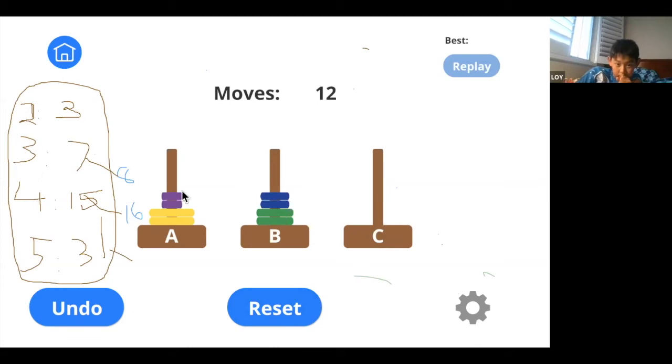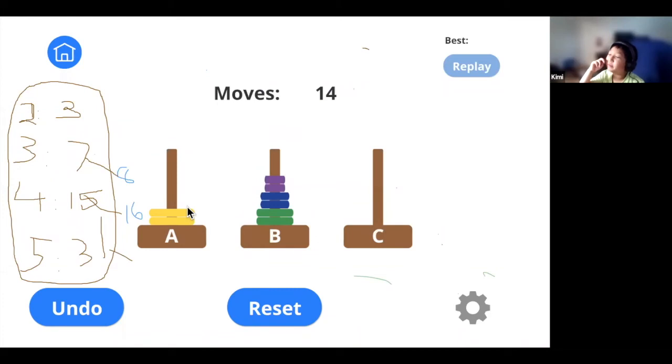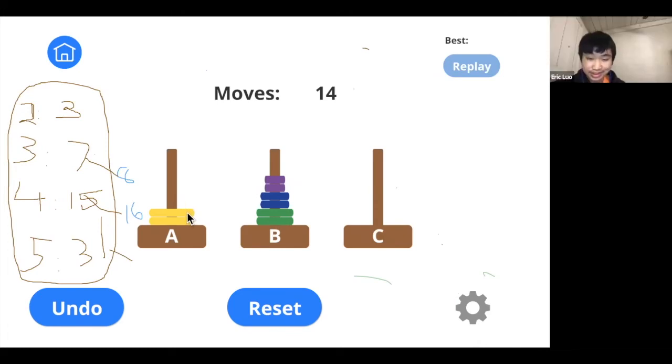The purple rings to the B. The other purple ring to the B. Can I ask, is there going to be 30 moves? For this case, yeah, we'll see. Probably. I think so. Yeah, why don't we let Lloyd finish it and then we'll see what happens.